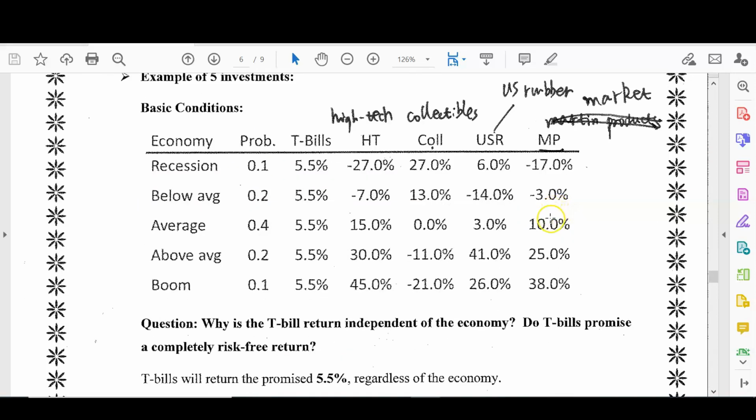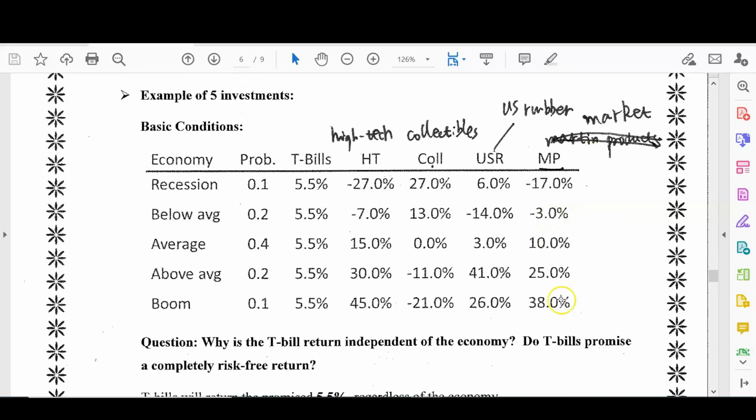Okay, now let's look at another example here of 5 economic conditions instead of 3. We have recession, below average, average, above average, and boom. And now we have 5 investments instead of 2: treasury bills, high-tech firms, collectible firms, US Rubber, and the market index.